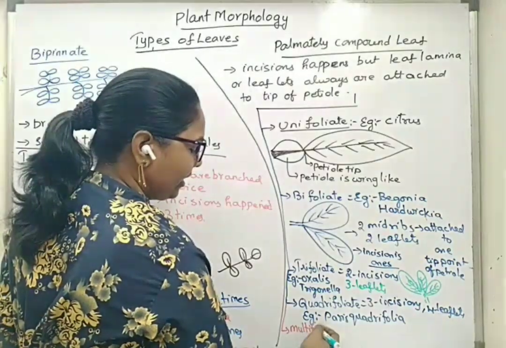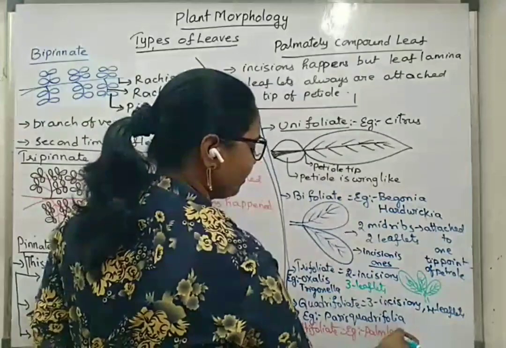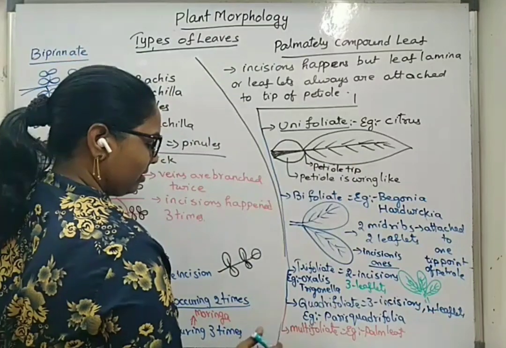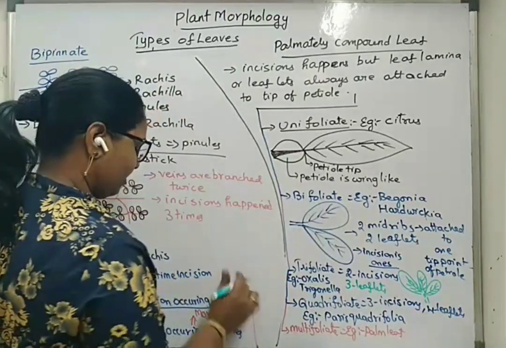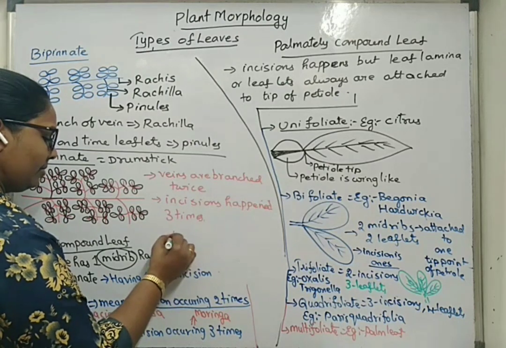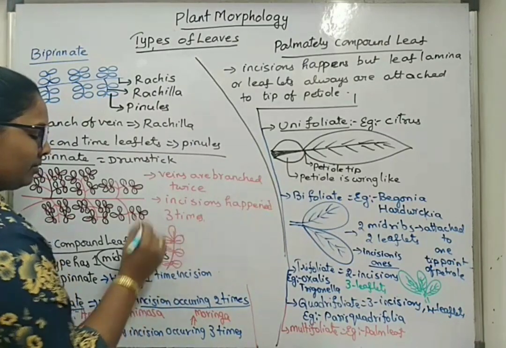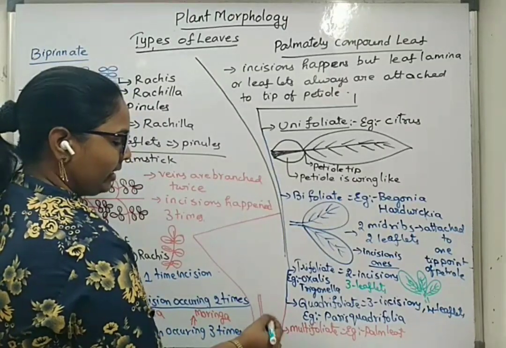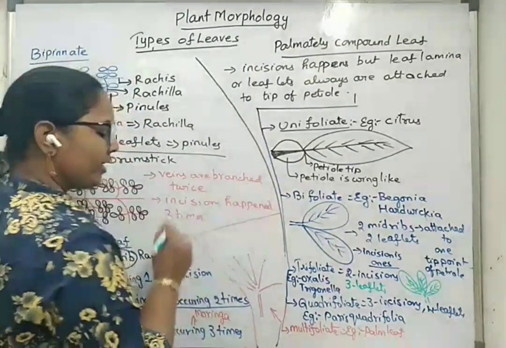Next, multifoliate. Example is the palm leaf. In the case of multifoliate, there are many midribs, but all are joined at one common point.